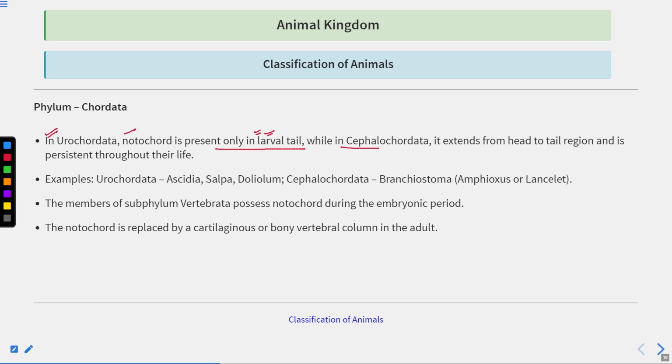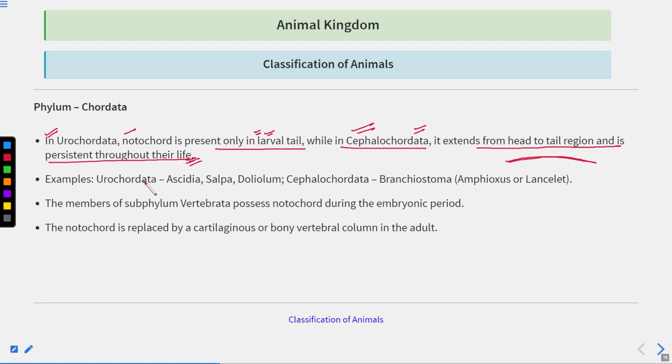While in Cephalochordata, it extends from head to tail region and it is persistent throughout their life. It is not only present in their larval stages, whereas it is persistent throughout life, meaning it is present in the adult stage as well.